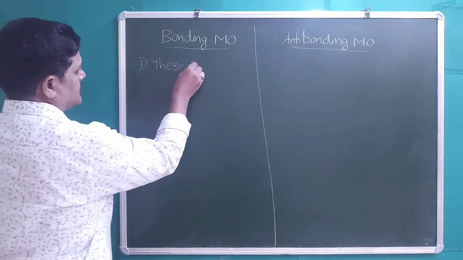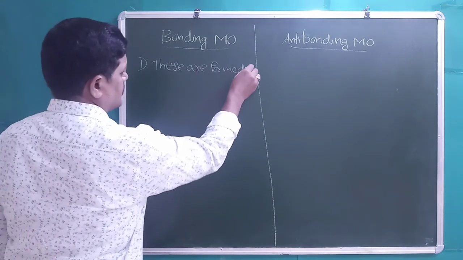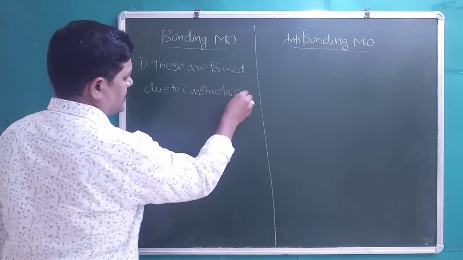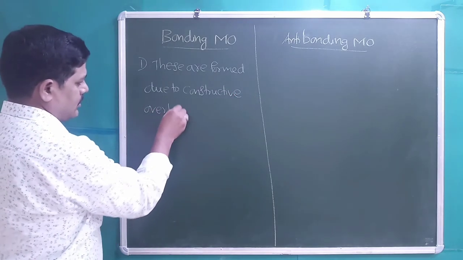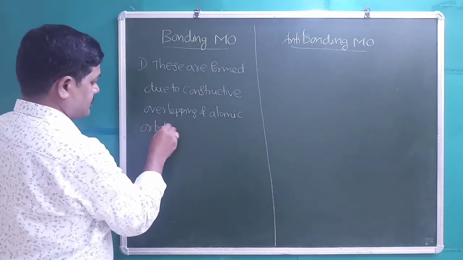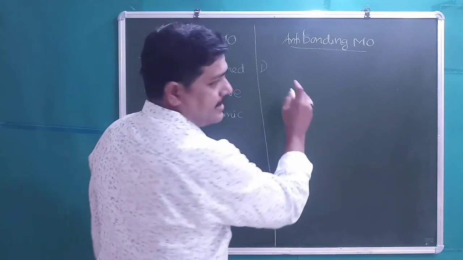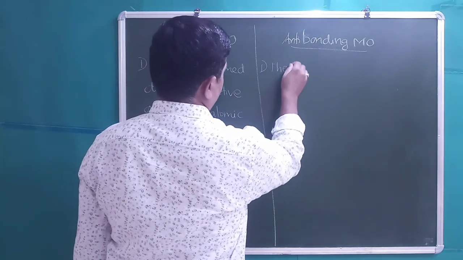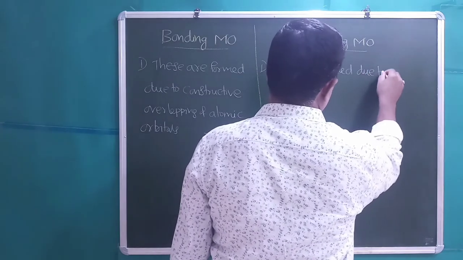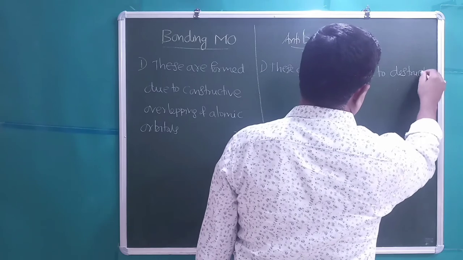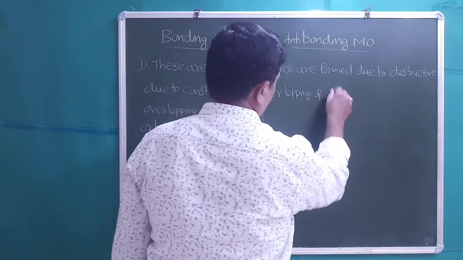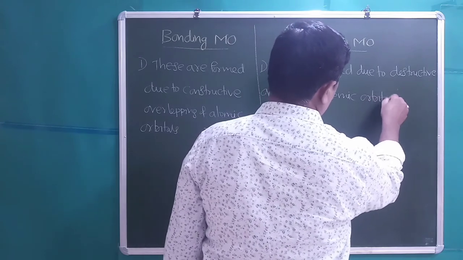Bonding molecular orbitals are formed due to constructive overlapping of atomic orbitals, whereas anti-bonding molecular orbitals are formed due to destructive overlapping of atomic orbitals.